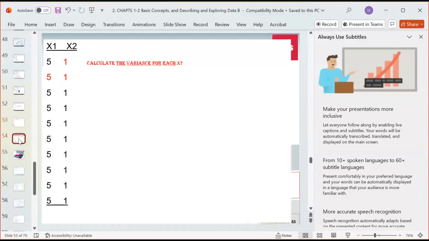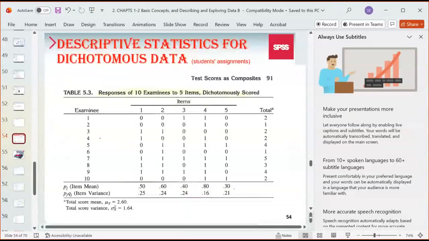And once again, we work with non-dichotomous scores. This table from your test construction is also the same. You got 10 people, but these are like multiple choice questions. Multiple choice items are dichotomously scored.